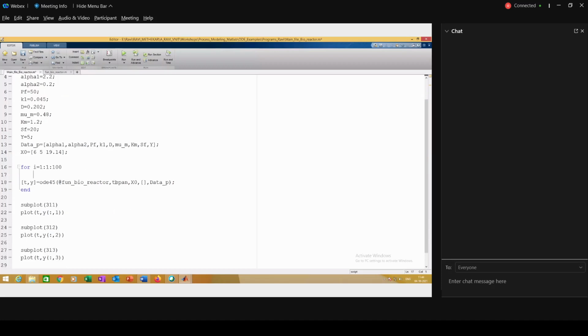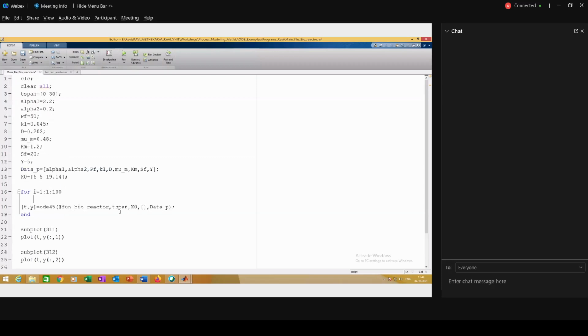This is T span. T span starts from 0. So here I need to modify this. Look at this, T0 to TF. This will just simulate between T0 and TF. So what is T0? Here, instead of T span, I'm commenting it out because its job is over.